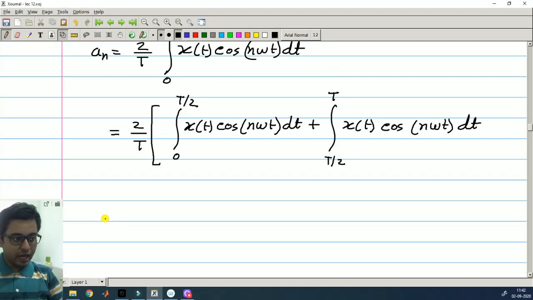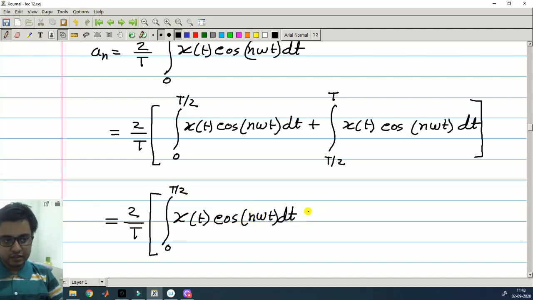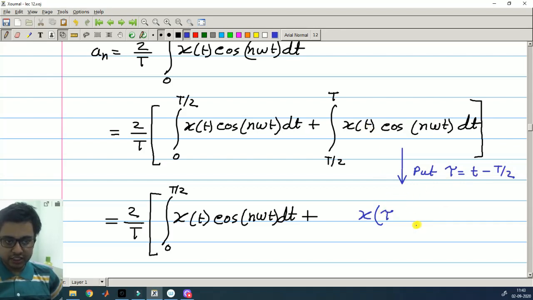Okay, now we will apply a change of variable. Let me keep this first integration unchanged, and in the second integration let me put tau equal to t minus T by 2. If we do that, then x of t will become x of tau plus T by 2.